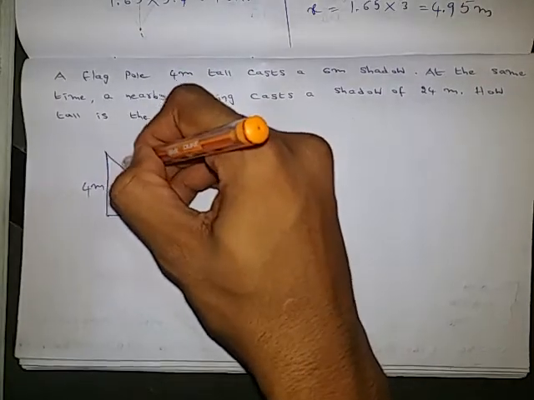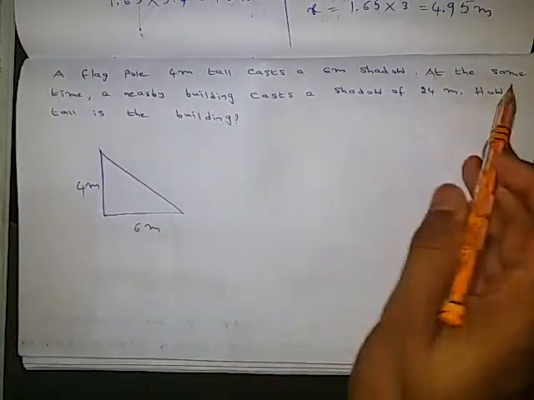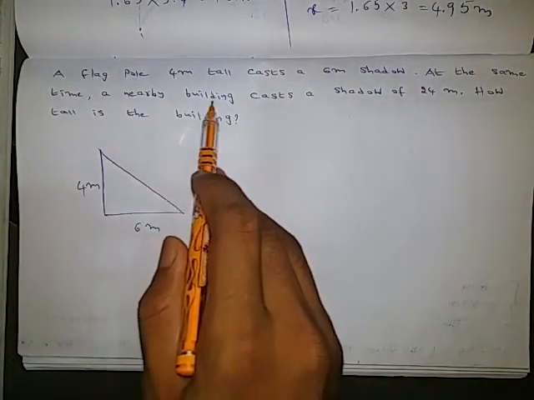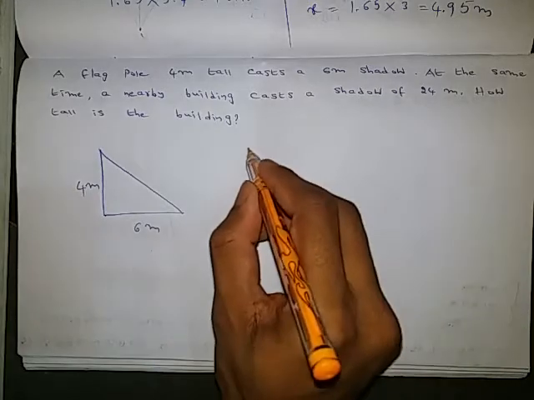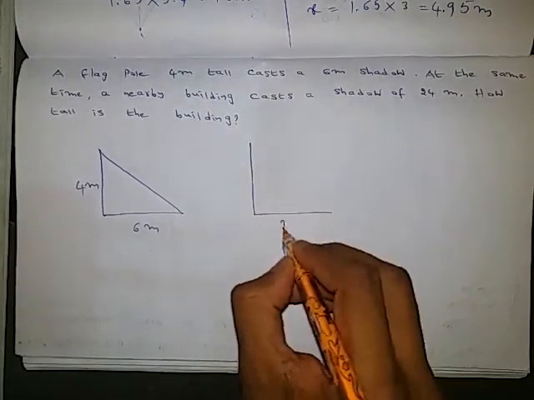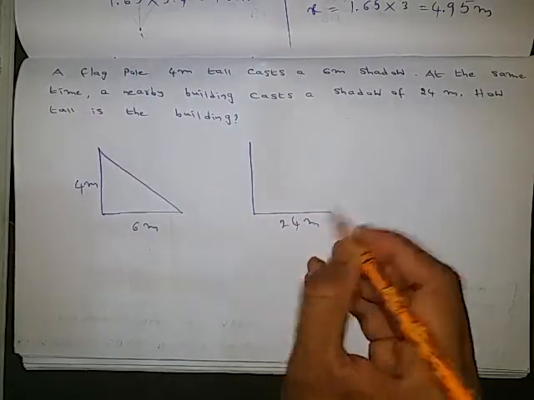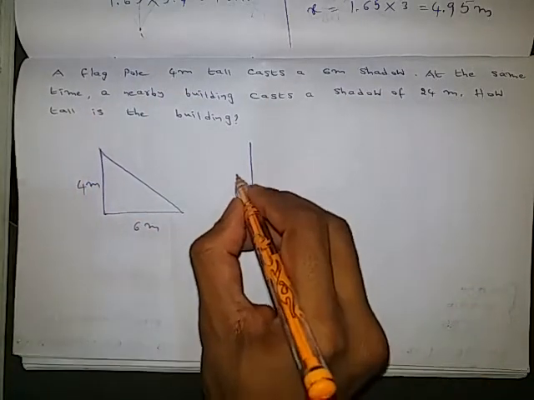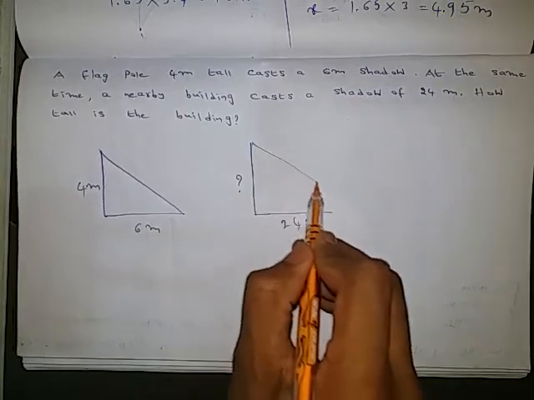I am joining these two. At the same time, a nearby building casts a shadow of 24 meters. Again, one building is there. This building's shadow is 24 meters. Then how tall is the building? This building height he is asking.